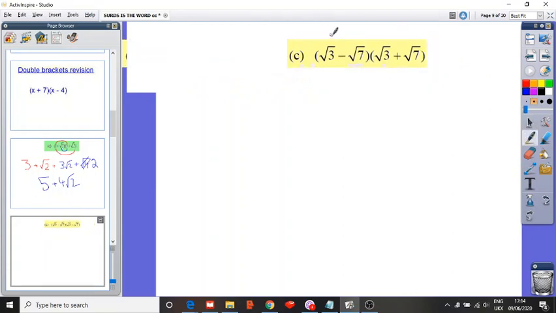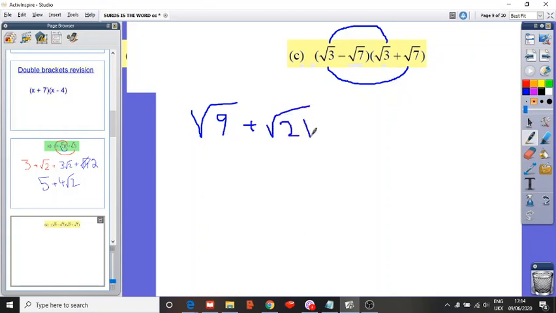Right, same rules apply. Root 3 times root 3, I'm going to write as root 9, because 3 times 3 is 9. Root 3 times root 7 is going to be plus the square root of 21. Now this is a negative root 7, so negative root 7 times root 3 is actually a negative square root of 21. And root 7 times root 7, so that is a minus, it's going to be a negative square root of 49.